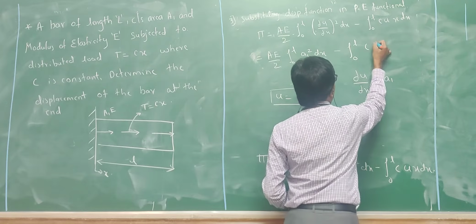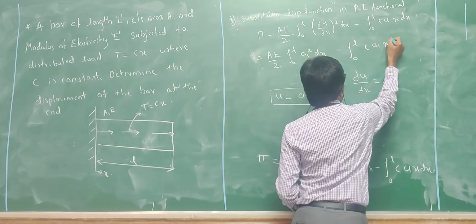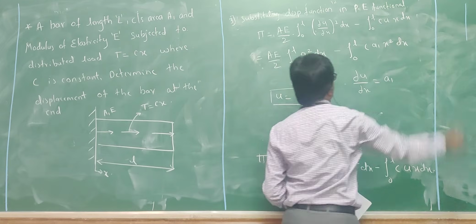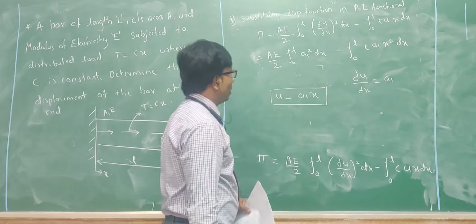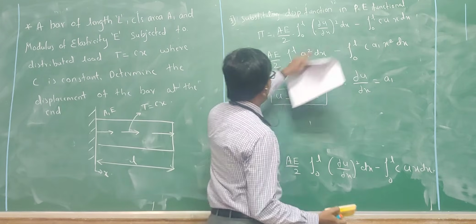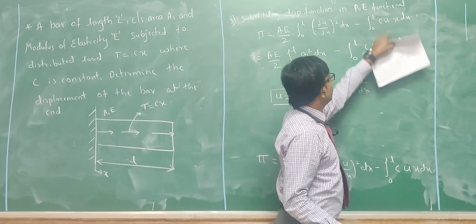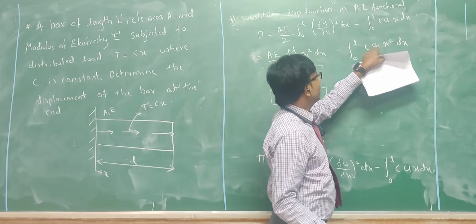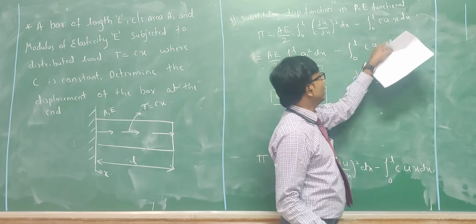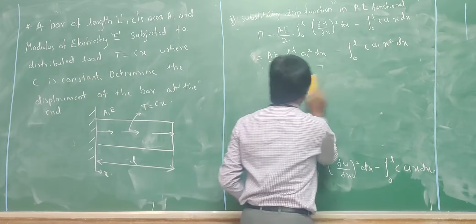U is a1x, x into x becomes x square, into dx. So this is how we have substituted. I hope it is clear. In dou u by dou x I have substituted a1, it is square, and wherever u was there I have substituted a1x. X was already there, it becomes x square. Next we will solve this and simplify it.